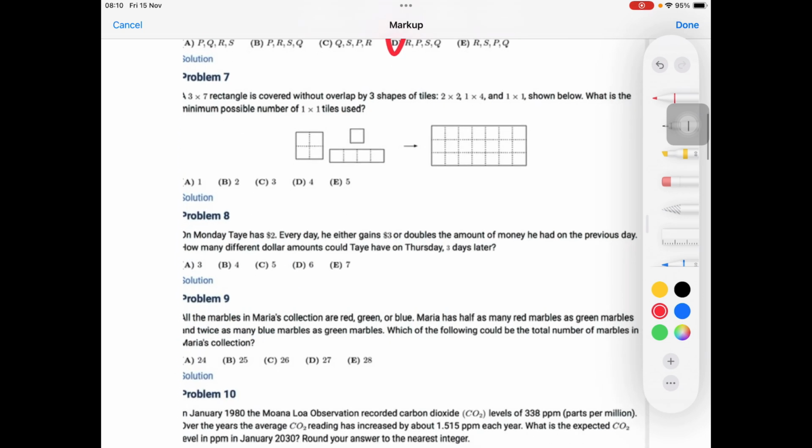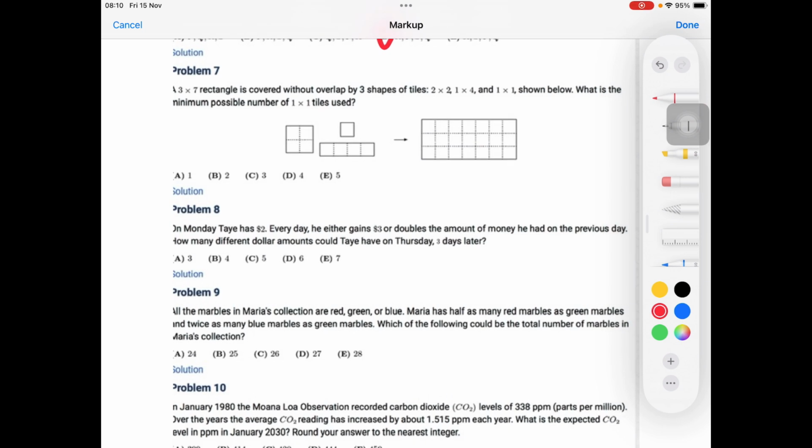So number 7, a 3 by 7 rectangle covered without overlap by 3 shapes of tiles, 2 by 2, 1 by 4, 1 by 1. So the minimum possible number of 1 by 1 tiles used. Which means we need to use as many tiles of 2 by 2 and 1 by 4. So 2 by 2, let's say 1, 2, 3.